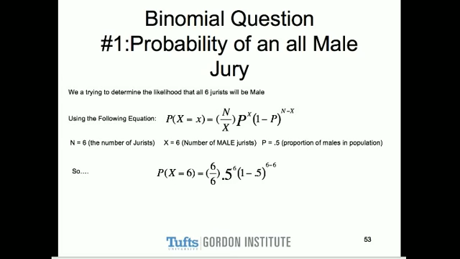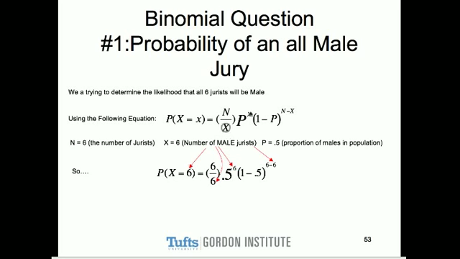Okay, so we start plugging in the values into the equation. So here's where we put the jurors, so n, so we have n there, n here, n here, okay? The number of male jurors, okay? So 6 is right here, so this is just x equals 6, all right, that's where it goes.